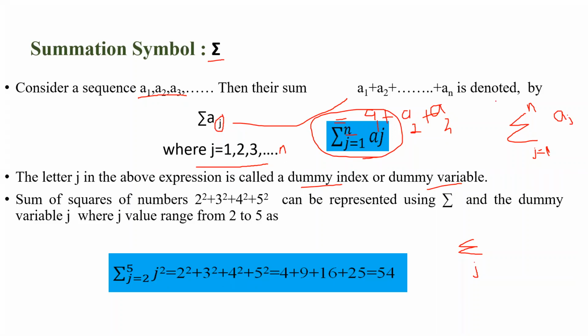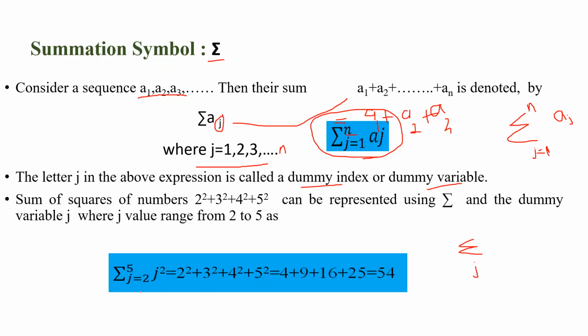Here, the a value was the same in all and the subscript was given as j. Here, instead, we are finding the square of all the numbers. The base number is changing from 2 to 3, 3 to 4, 4 to 5.